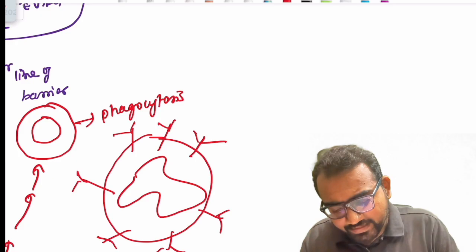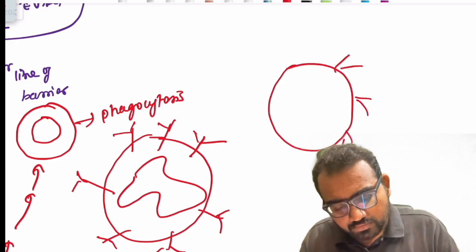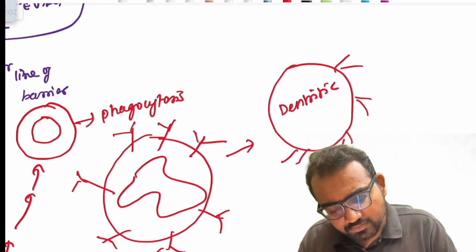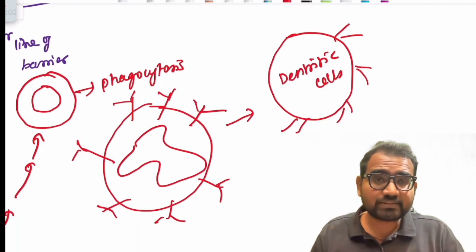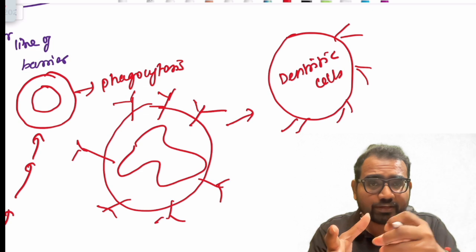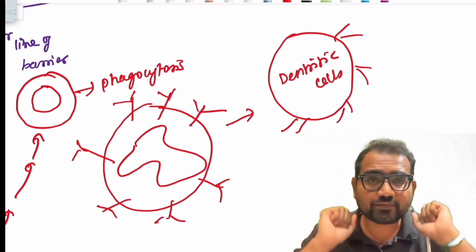So the dendritic cells express these fragments. Sometimes this process will be skipped. That is, the neutrophils engulf the bacteria and kill it into fragments, and directly the dendritic cells take up these fragments and express them on the surface of the cell.